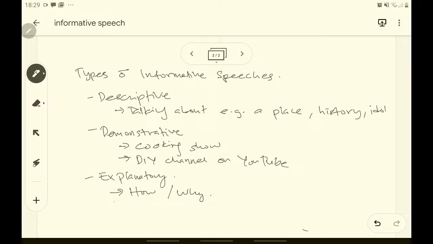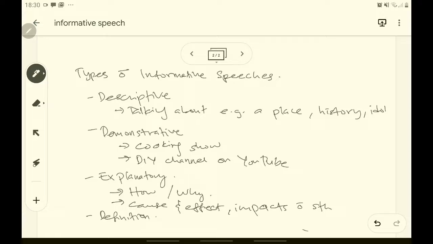So here you may be talking about cause and effect, or you may be talking about impacts of something, or the cause. Okay, and the last one is a definition speech.